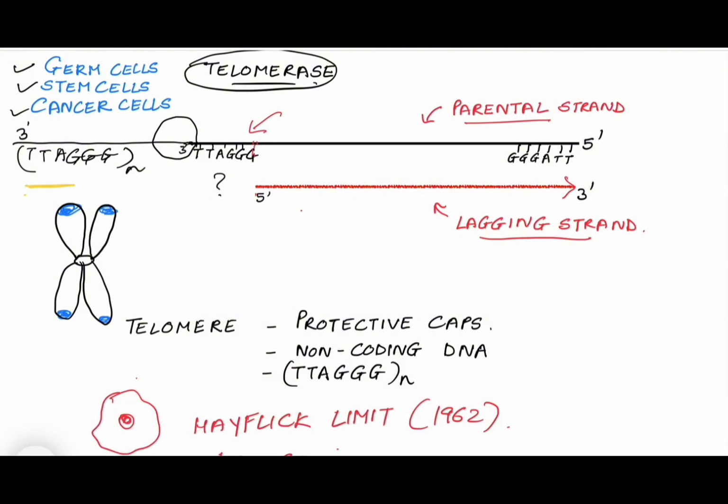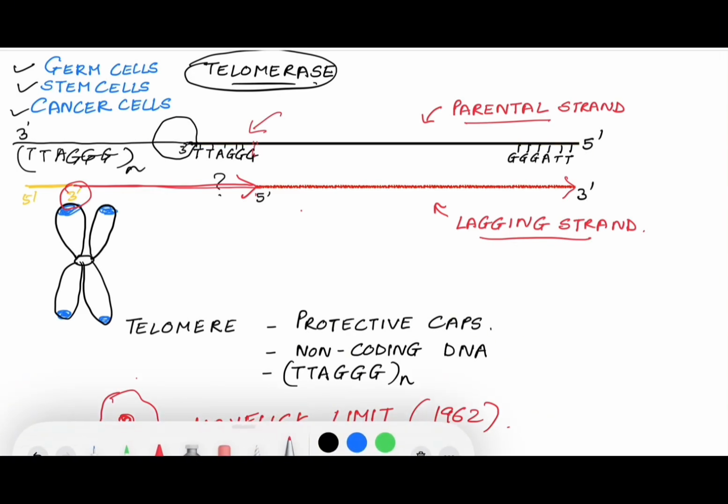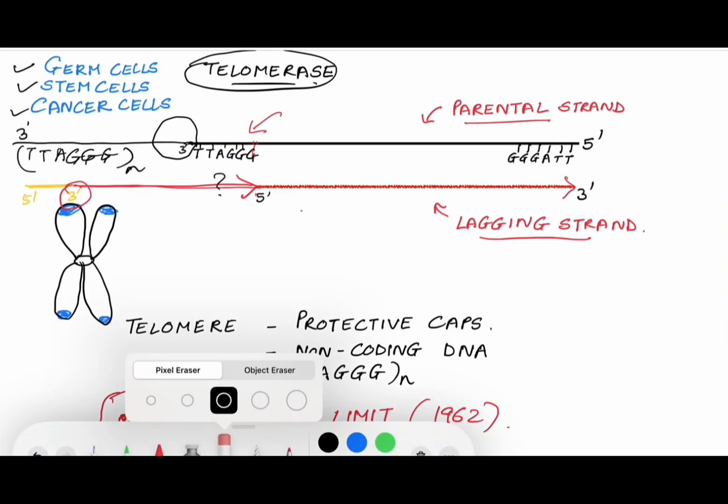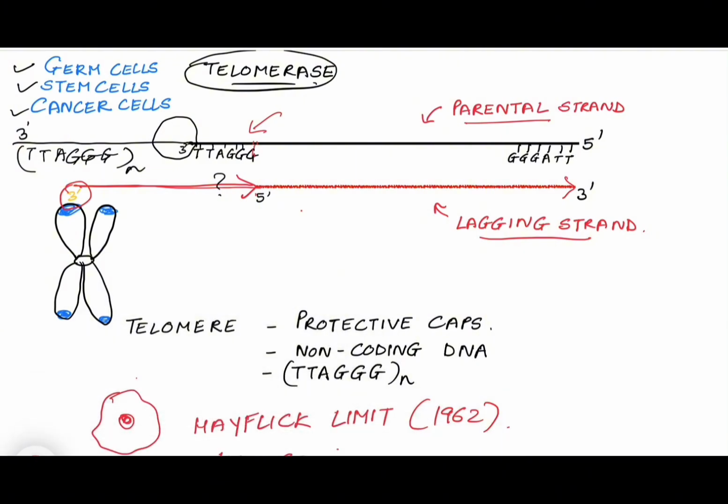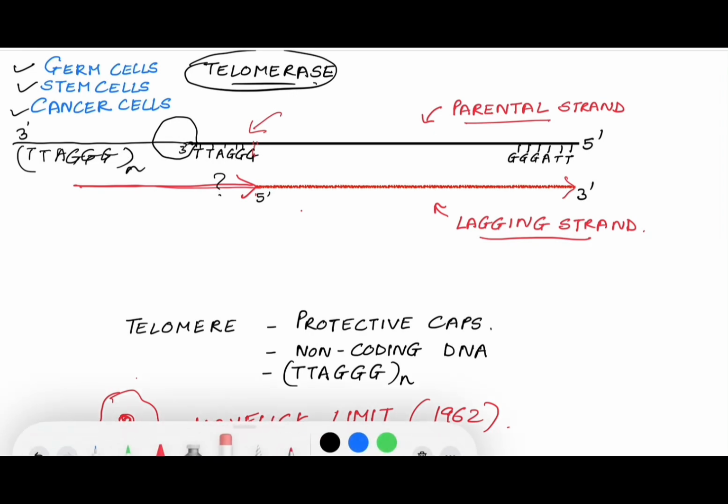Now this is 5', 3'. As soon as DNA polymerase sees that the 3' free OH group is free here, it forms its strand. So the whole strand is formed, and then the primer is removed. As soon as the primer is removed, whatever is extra has to be removed.